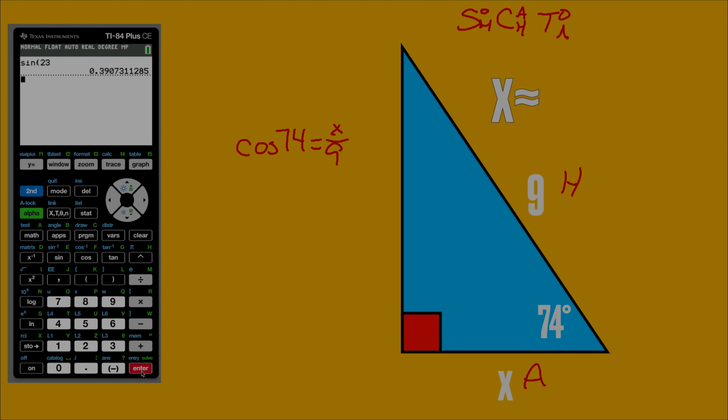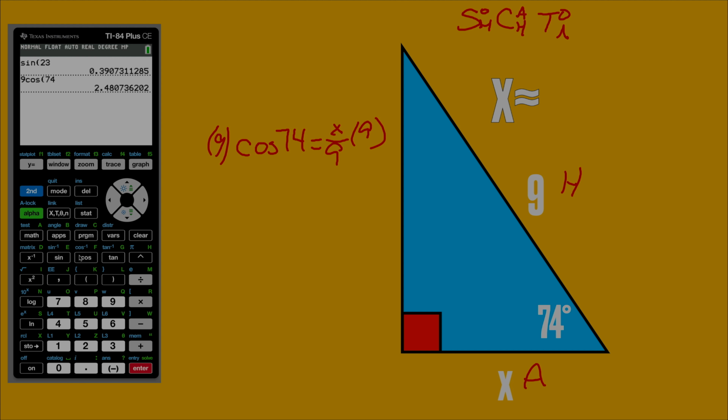All right, so if I want to get x by itself, I have to multiply both sides by 9. Then I'm just going to put that into a calculator. I'm going to type 9 cosine 74. Ooh, that doesn't look right.